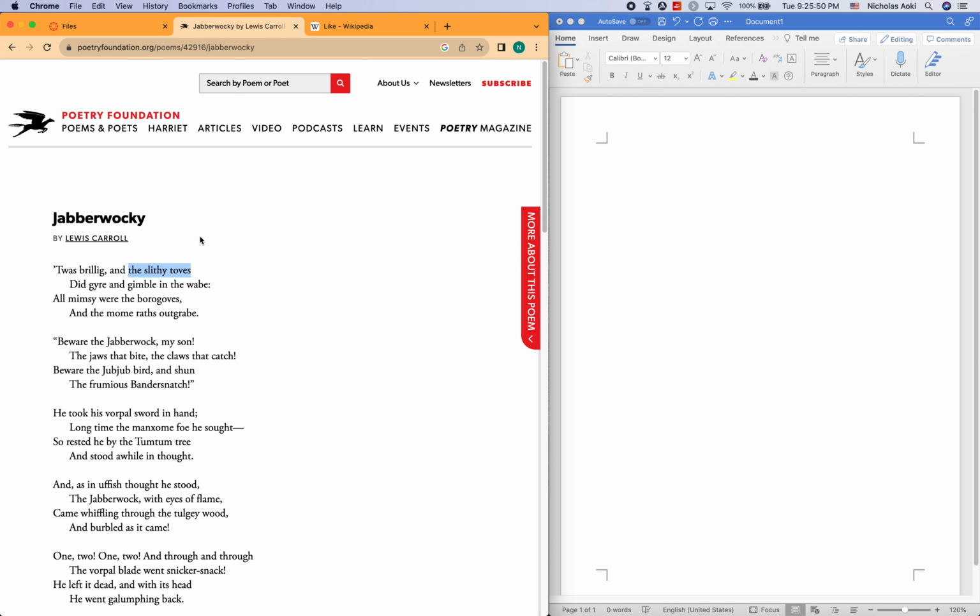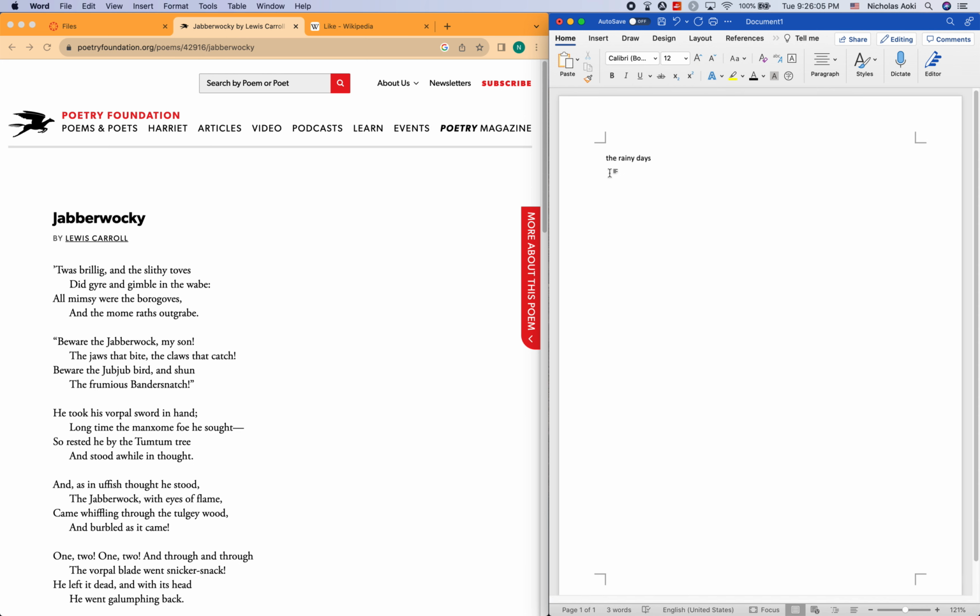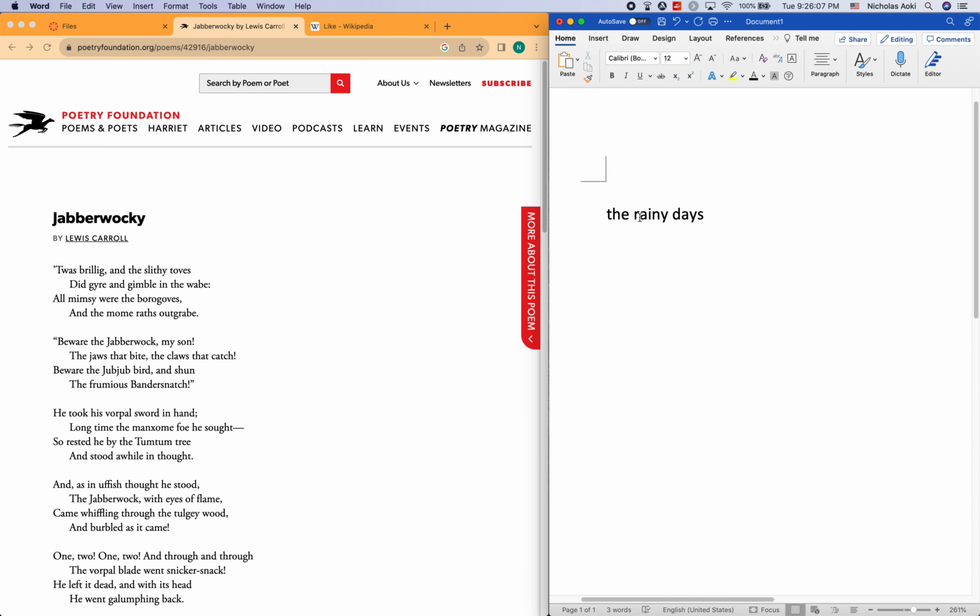In terms of morphology, we're interested in which affixes are following or preceding the words. Let's take another example from actual English words. So we can say the rainy days. Notice that in this example, after the determiner the, we have the adjective and then the noun.